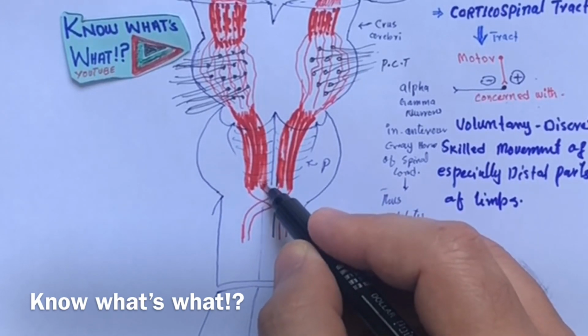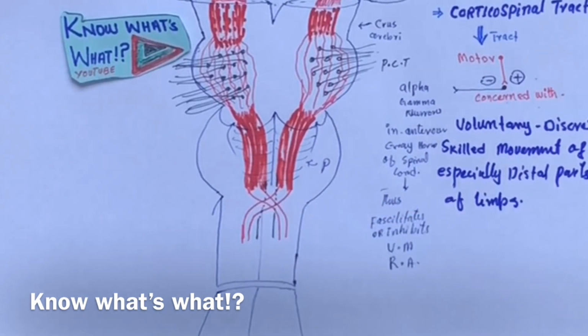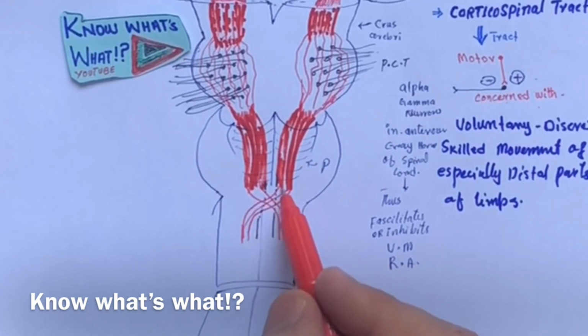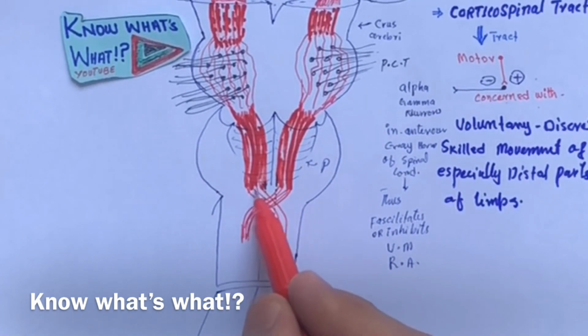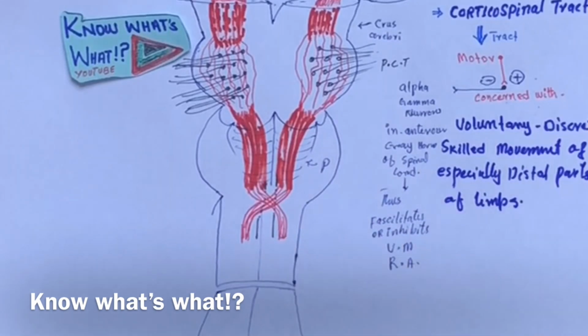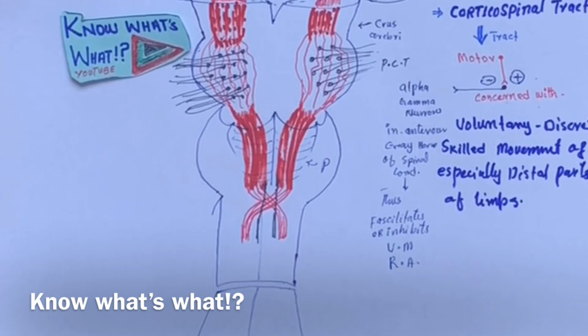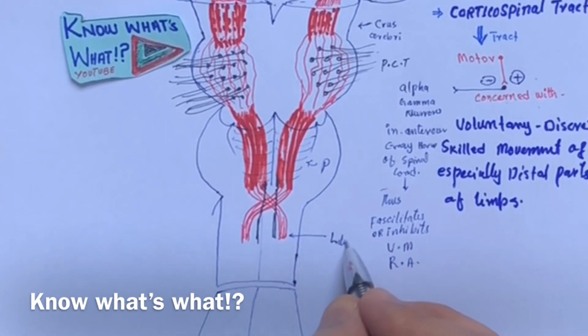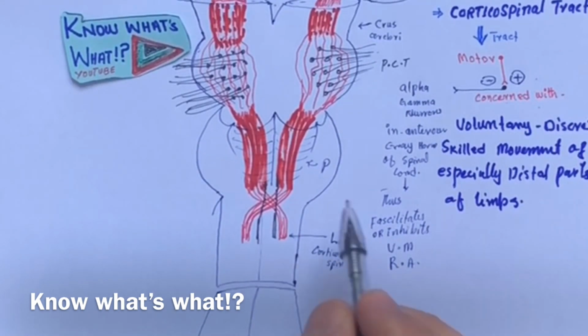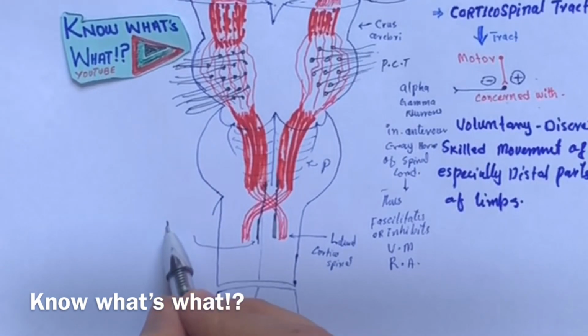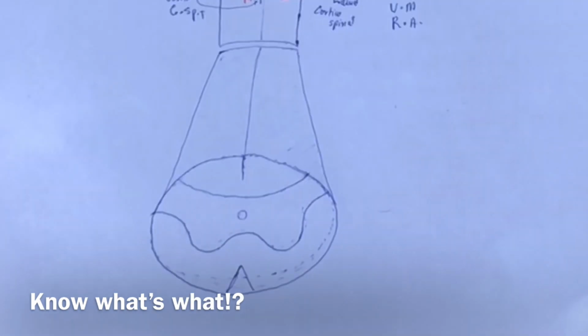So here, these are the fibers that will make the ventral or anterior corticospinal tract, and the fibers that crossed will make the lateral corticospinal tract. So here is the lateral corticospinal tract, and here is the ventral or anterior corticospinal tract. Now, these fibers will go down.